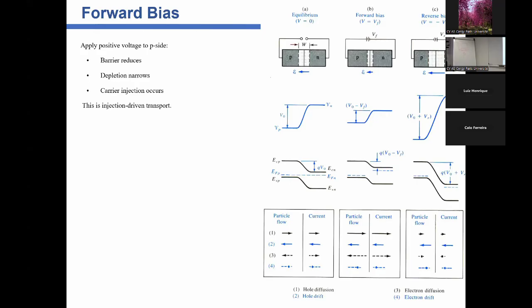But here, what it means is that the holes come from the electrical source, and the potential is positive and the potential here is negative.